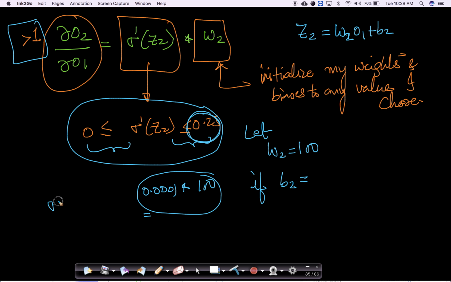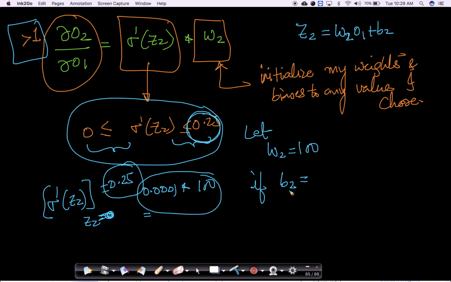So the derivative of Z2 at Z2 equals 0 is equal to 0.25. The derivative of the sigmoid function at 0 is equal to 0.25.